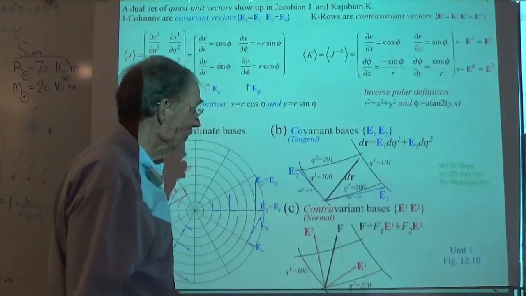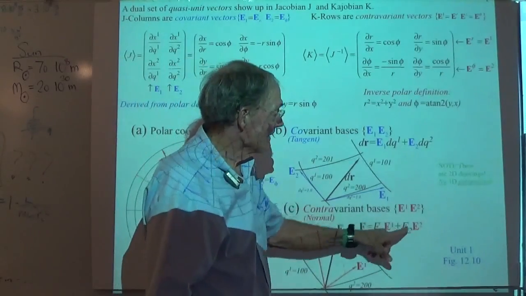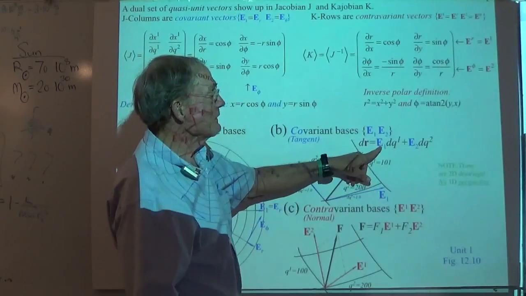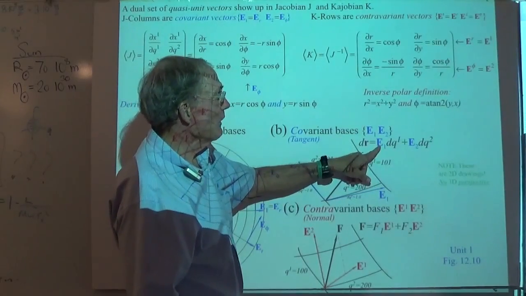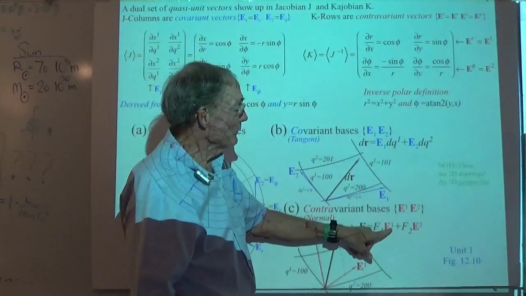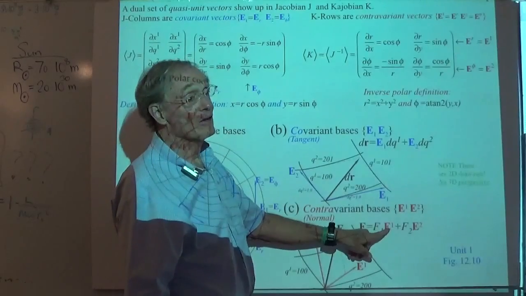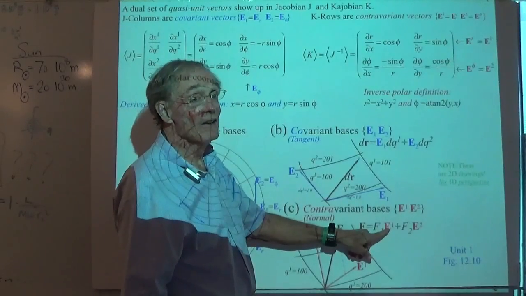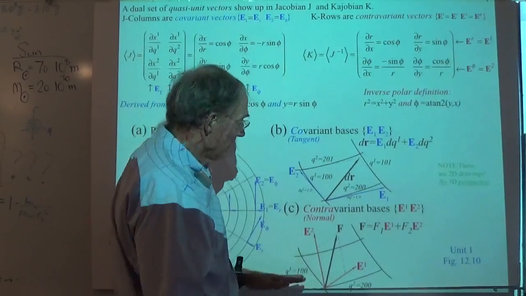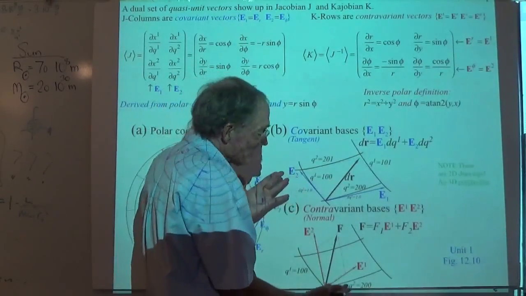Okay, and this one is even weirder, but it's the one that's based on gradients. The gradient of Q1 is this. This is just the partial derivative of R with respect to Q1. This is the partial derivative of Q1 with respect to R, the Cartesian R. That's a gradient. So as the gradients get bigger, these will get bigger. They are interested in the gradient of the thing.